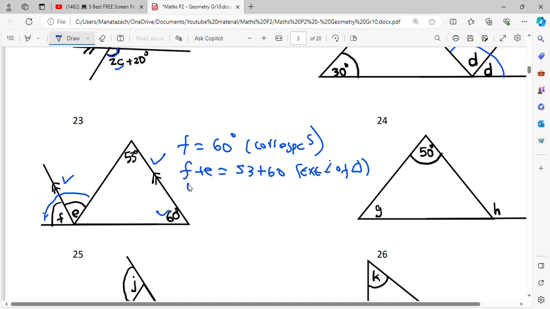So F you already worked out to be 60. So 60 plus E is equal to 53 plus 60, which is 113. So E is equal to 113 minus 60. So basically the answer here will be 53.